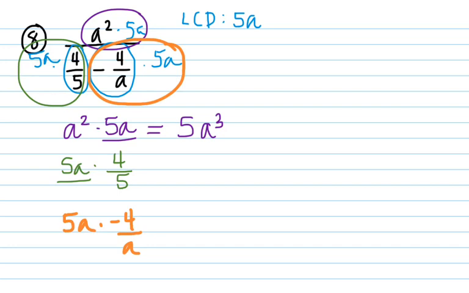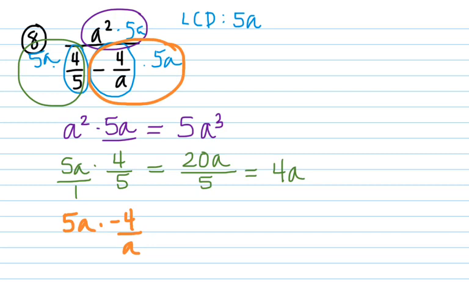For 5a times 4/5, multiply the numerators, 5a and 4, and I get 20a. And the denominators are 1 and 5. When I multiply 1 times 5, I get 5. And when I simplify, 20 divided by 5 is 4. So I get 4a for this one.